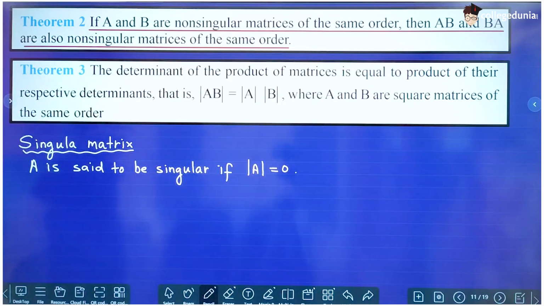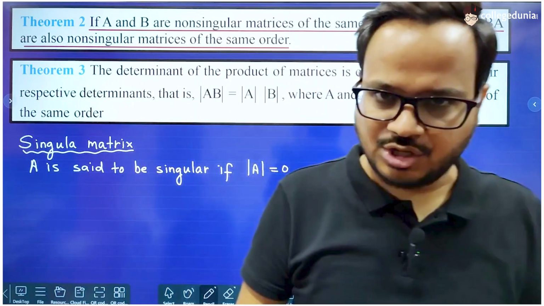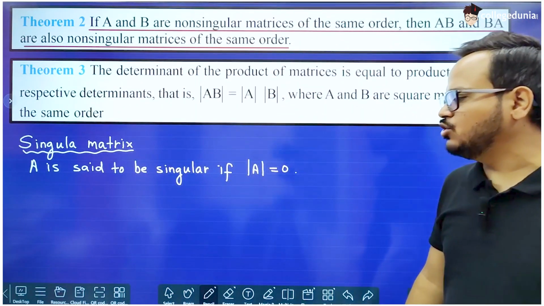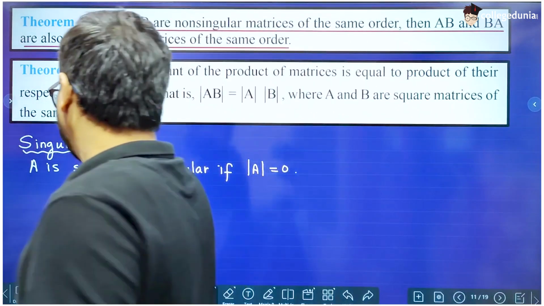A is said to be singular if determinant A is 0. Any matrix whose determinant value is 0 is called singular, and if the determinant value of the matrix is not 0, it is called non-singular, right?